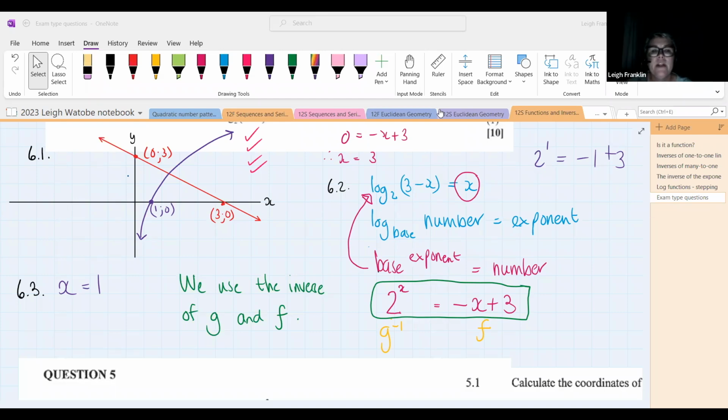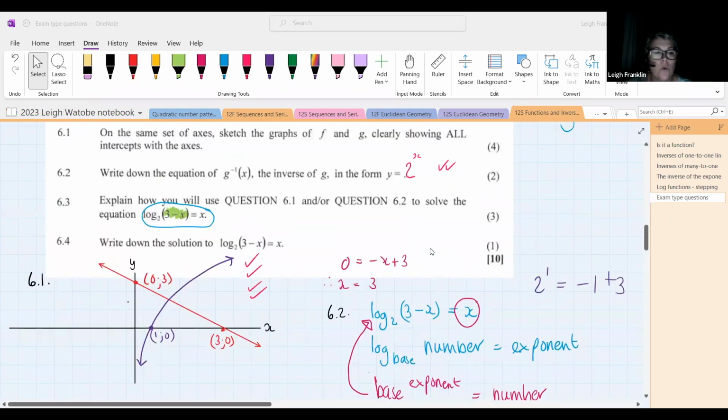Okay, so Mihlali, are you talking about the graph of g? Mihlali, you can unmute and talk to us. It will be way faster if you like. Okay, so Mihlali is on 6.2.